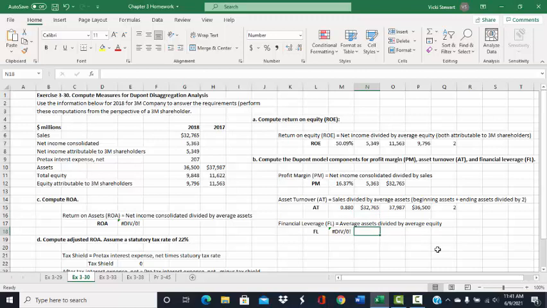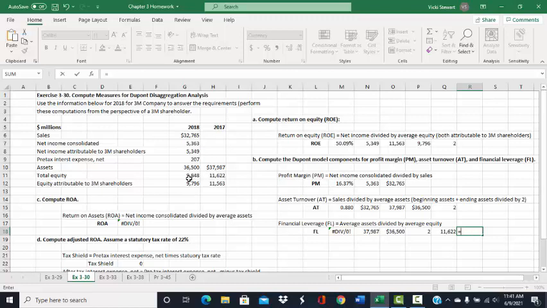So for the Dupont disaggregation analysis, to compute financial leverage, we take our average assets, beginning and ending, divided by 2, and then we divide that by our average equity, and we're going to use our total equity because we have in our numerator our total assets. So our beginning and our ending equity divided by 2, and that gives us financial leverage of 3.4694.